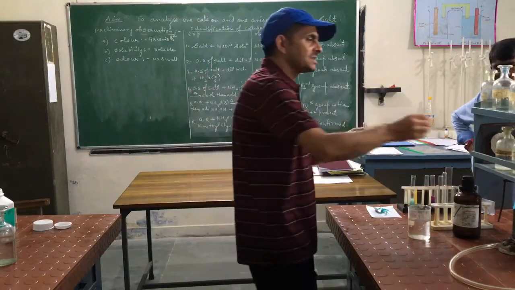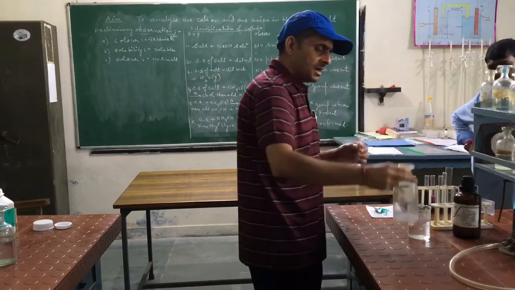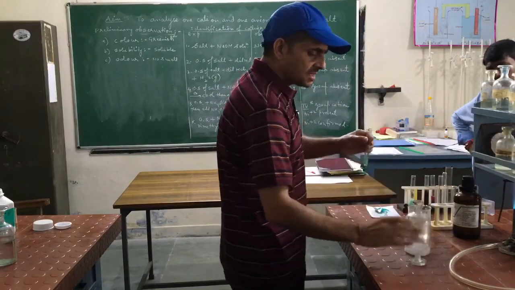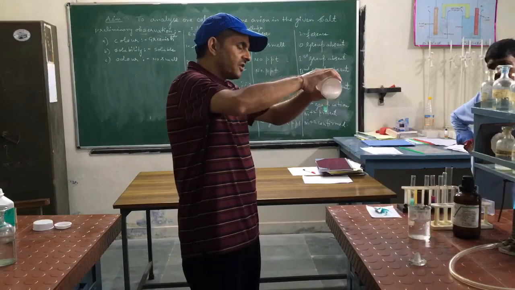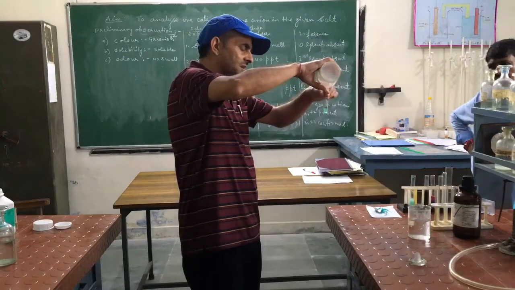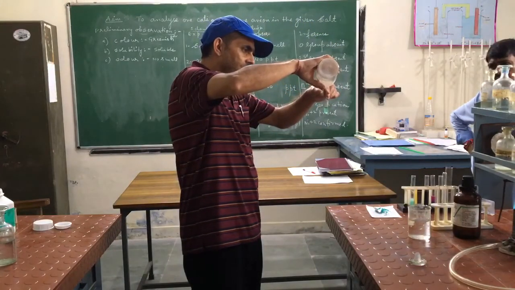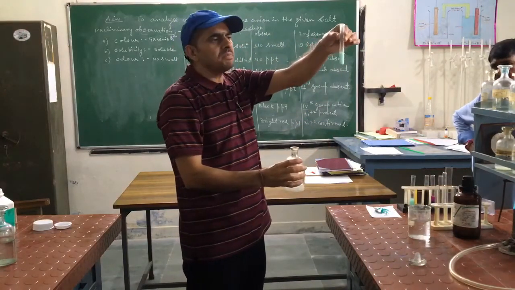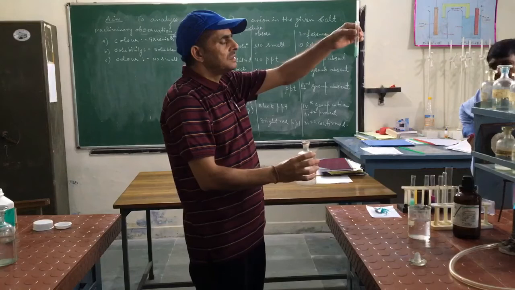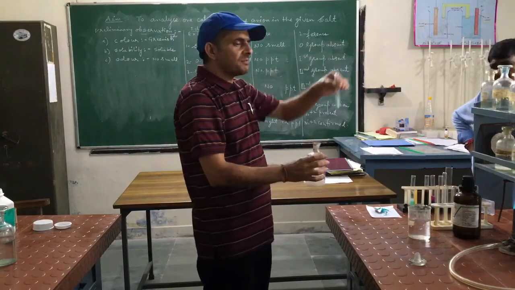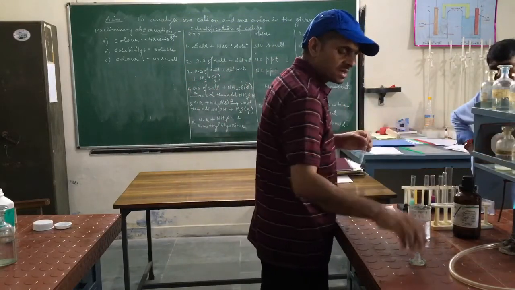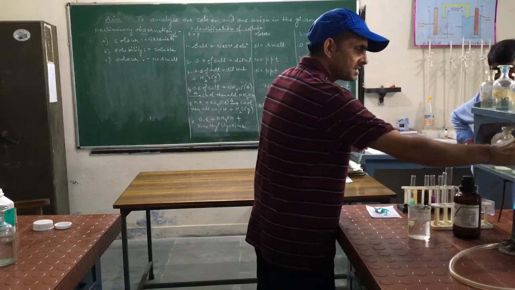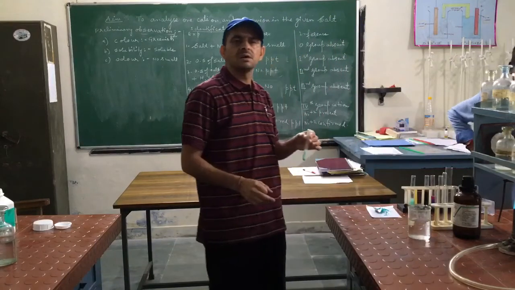On adding lead acetate, if we get a white precipitate, it confirms that sulfate ion is present. I am adding lead acetate. On adding lead acetate, what happens again? White precipitate is obtained. So this white precipitate confirms that sulfate ion is present. Understood?